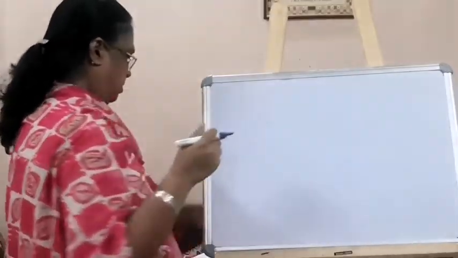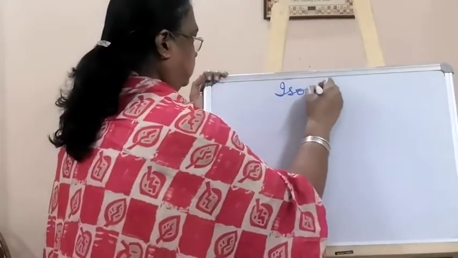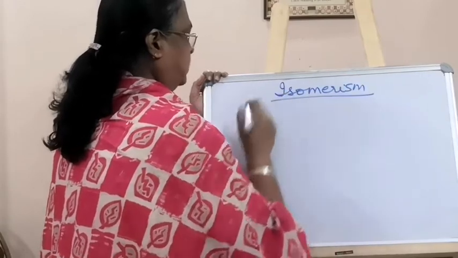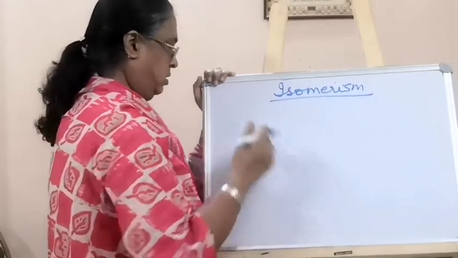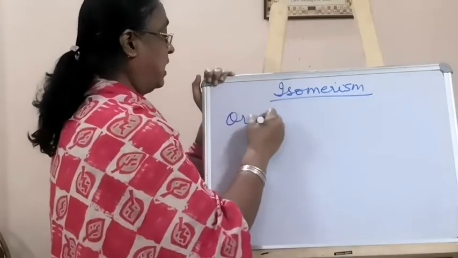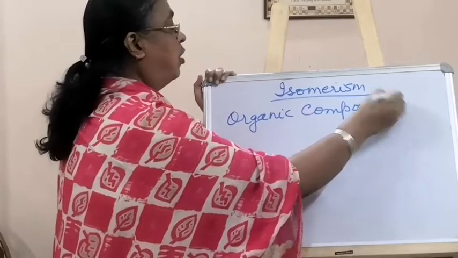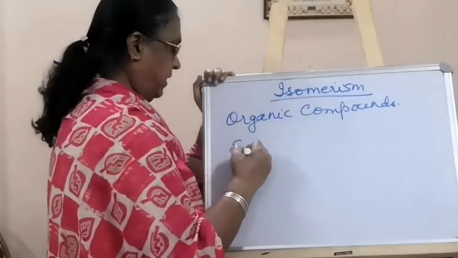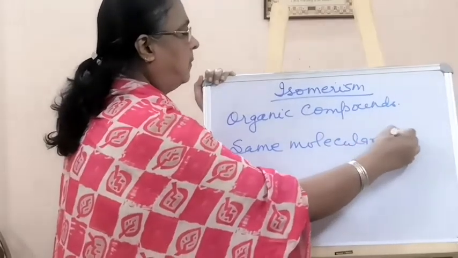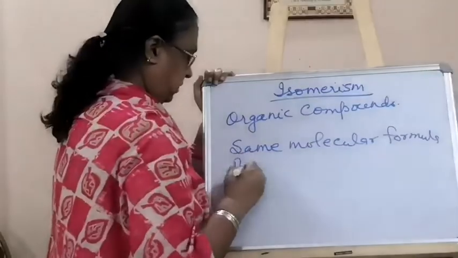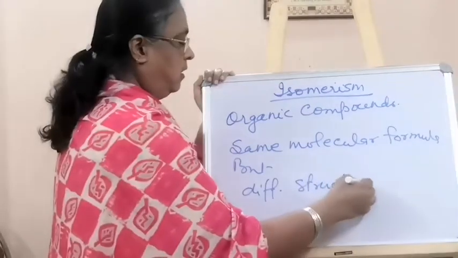Okay. Now I'll start the next topic, that is isomerism. Isomerism, you know, is a phenomenon in which 2 or more than 2 compounds, in your class 11 course it is organic compounds, will have the same molecular formula but different structural formula.